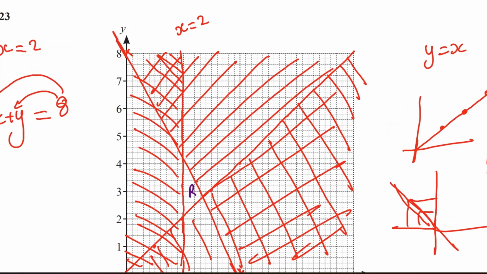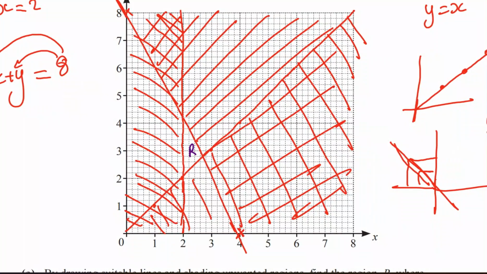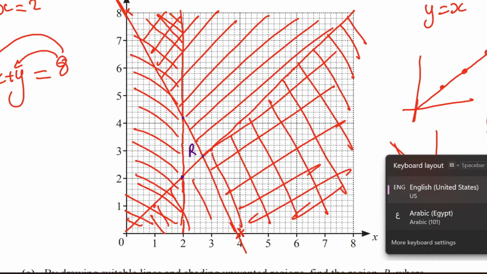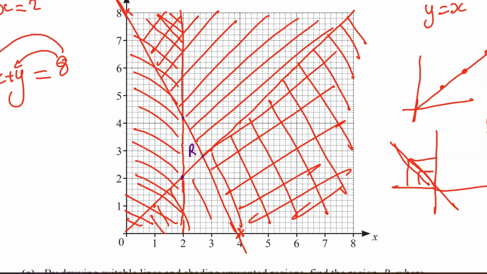I have 3 vertices, this one, this one and this one. But we have to take 2 integer numbers as x and y.